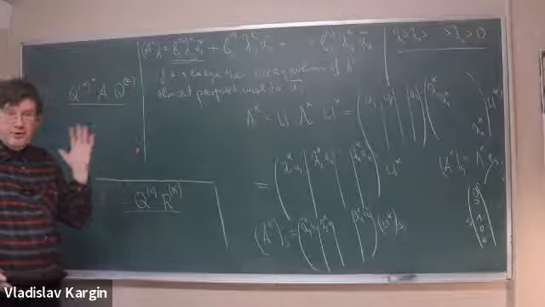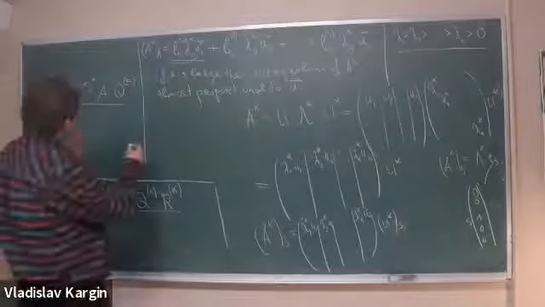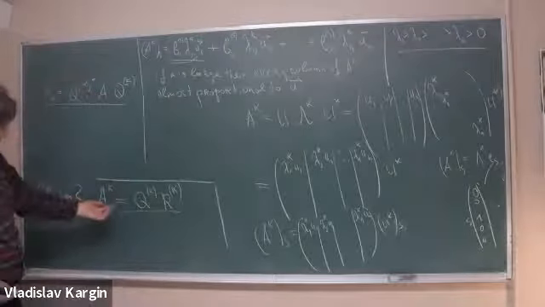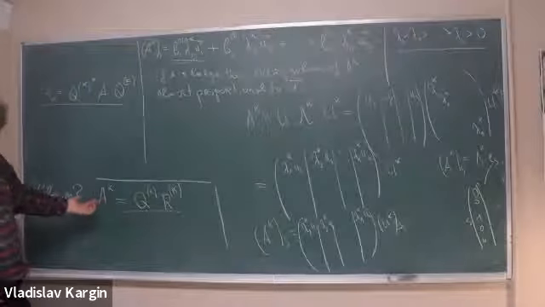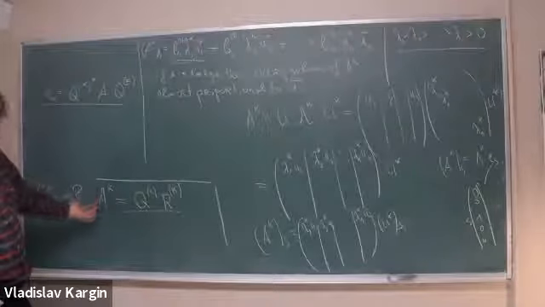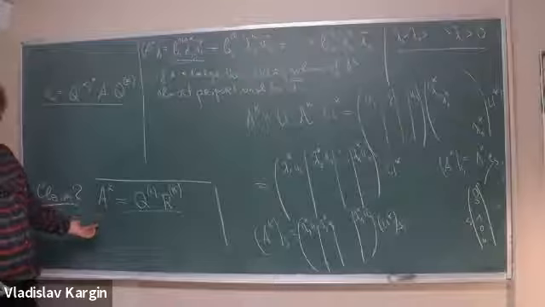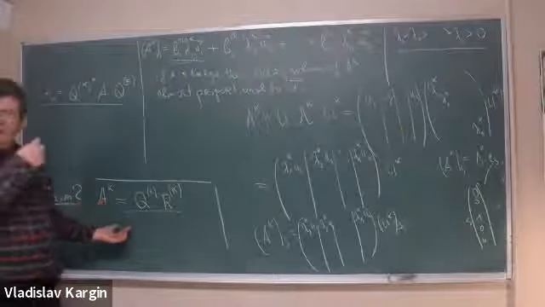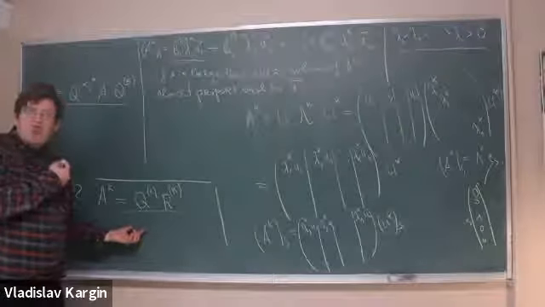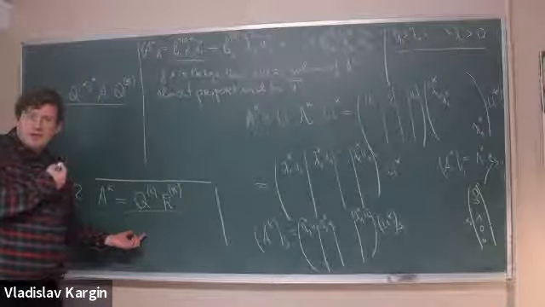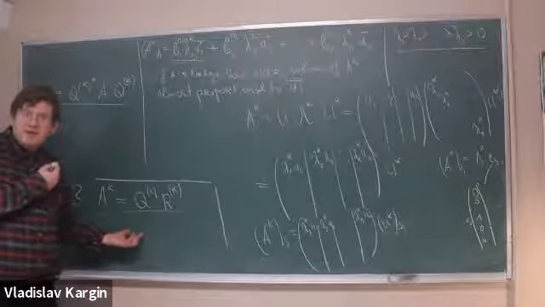If the first column is almost proportional to U1, remember what this thing says. This is a decomposition, QR decomposition of the A^k. But when we started to talk about the QR decomposition, the QR decomposition actually has a meaning.